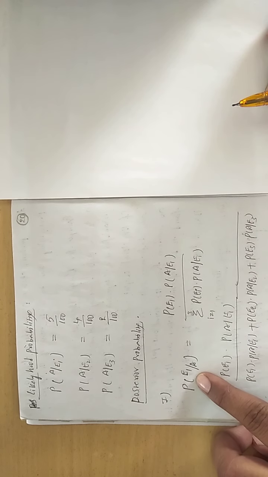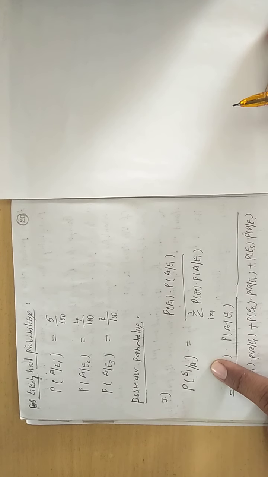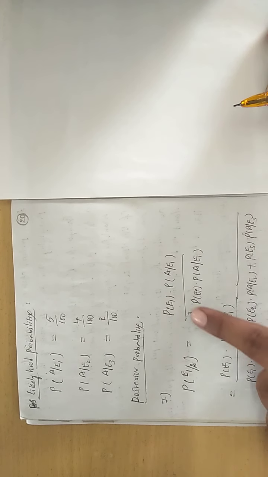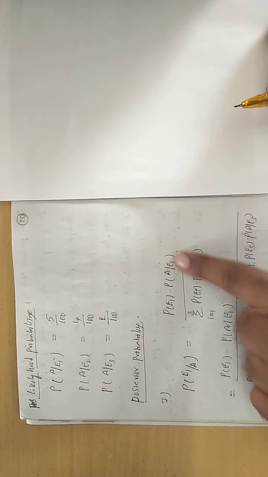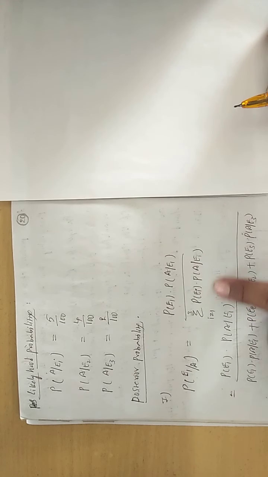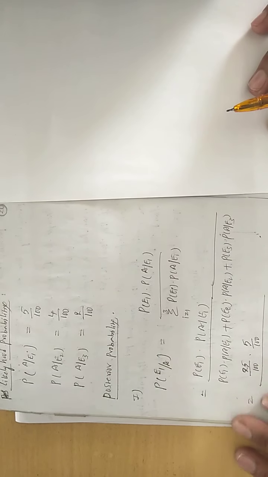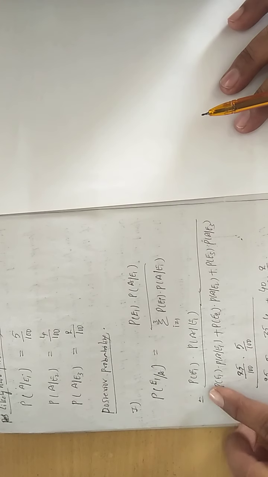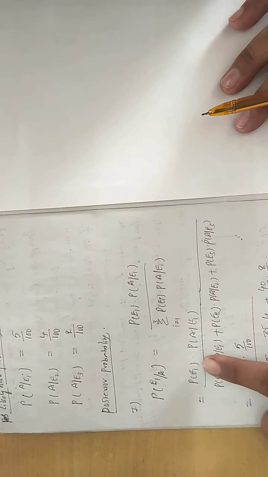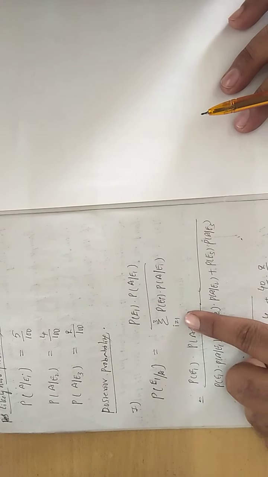Here we required the first posterior probability, that is the E1 value. Hence we write E1 given A. The same information will be written in the numerator, but all the values you are going to cover in the denominator. So all of you check here. Now expand it: the denominator is expanded up to how many values?